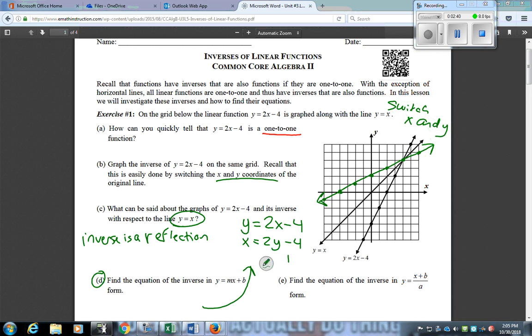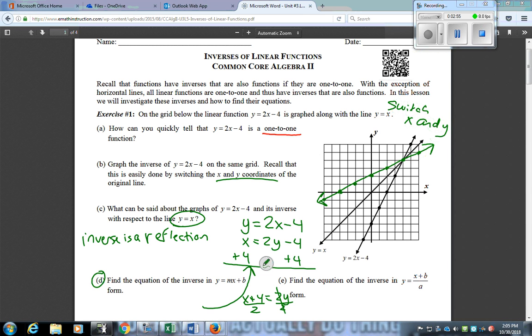You'd add 4 on both sides, and we'd end up with x plus 4 equals 2y, and then you divide everything by 2.